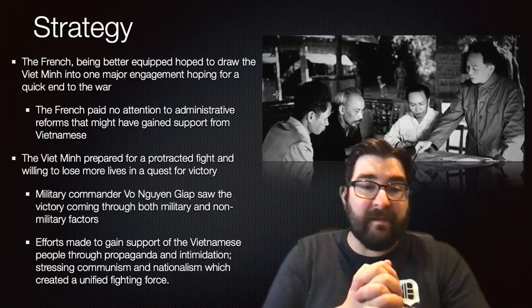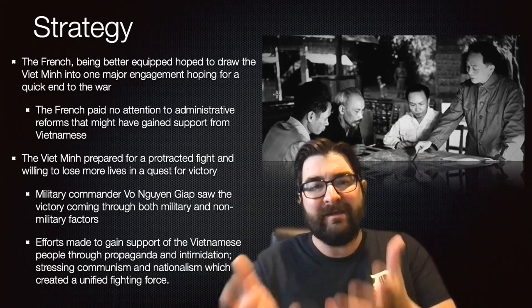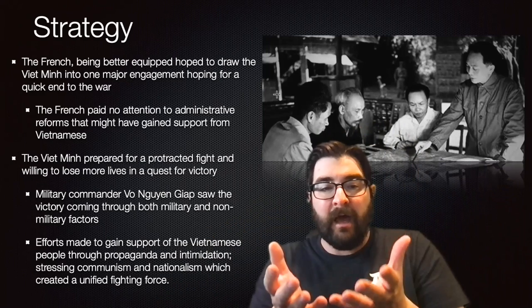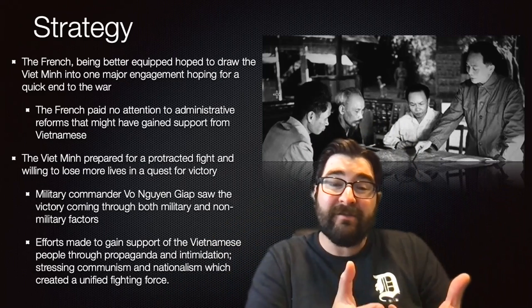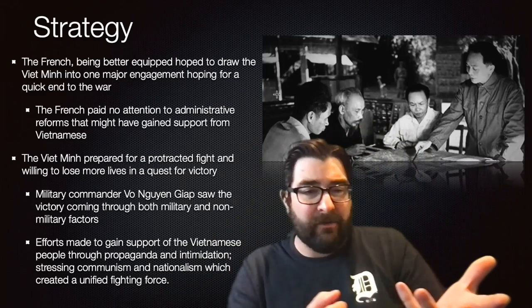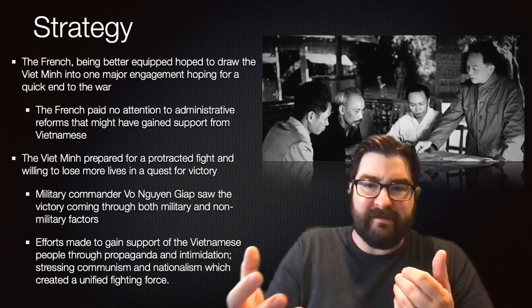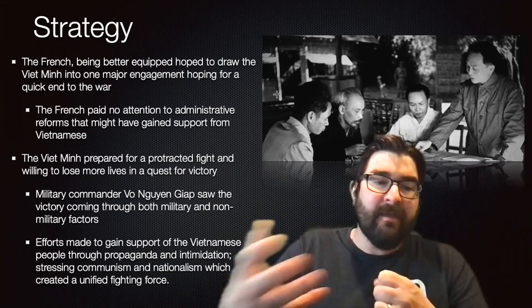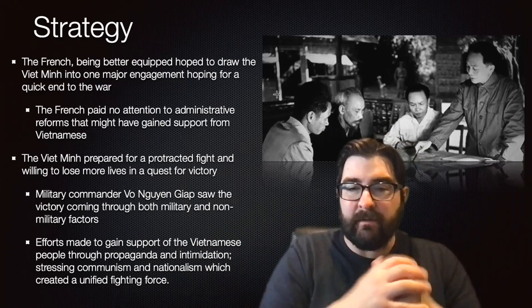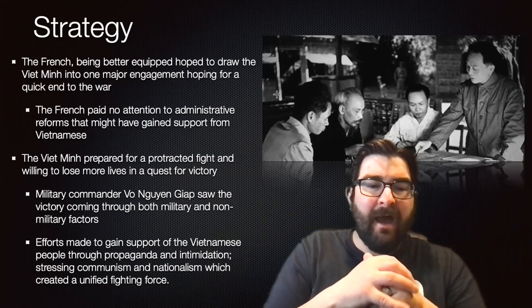The Viet Minh military commander, his name is Vo Nguyen Giap. He is going to see a victory in this war coming both through military means and non-military factors, trying to gain the support of the people, particularly the peasants of Vietnam.